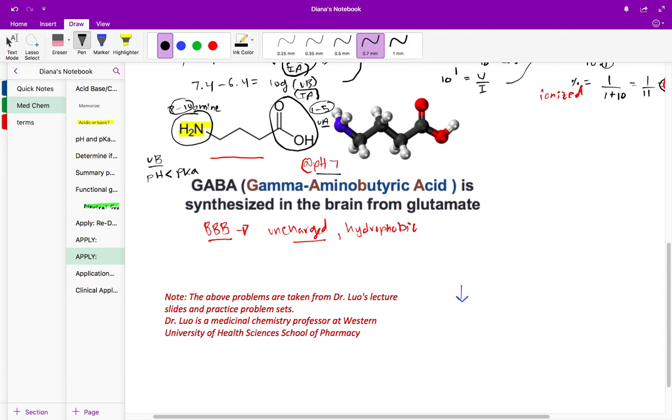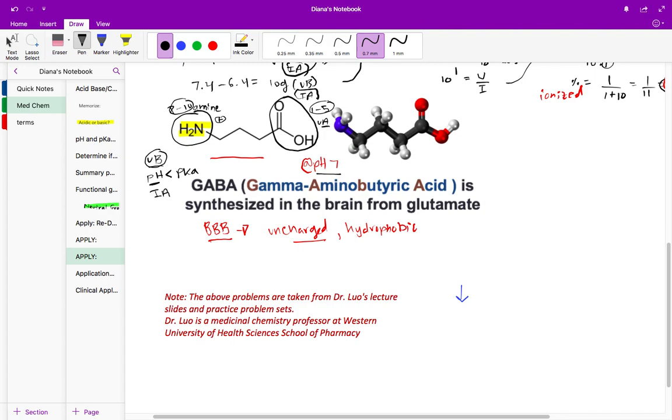So we have an unionized base at a low pH, so it's in an acidic environment. Because it's in an acidic environment, it will be primarily protonated or in its ionized acid form. So you'll actually protonate this nitrogen and you'll have an NH3 plus with a positive charge. So that part is taken care of. We know it's primarily going to be in its ionized form.